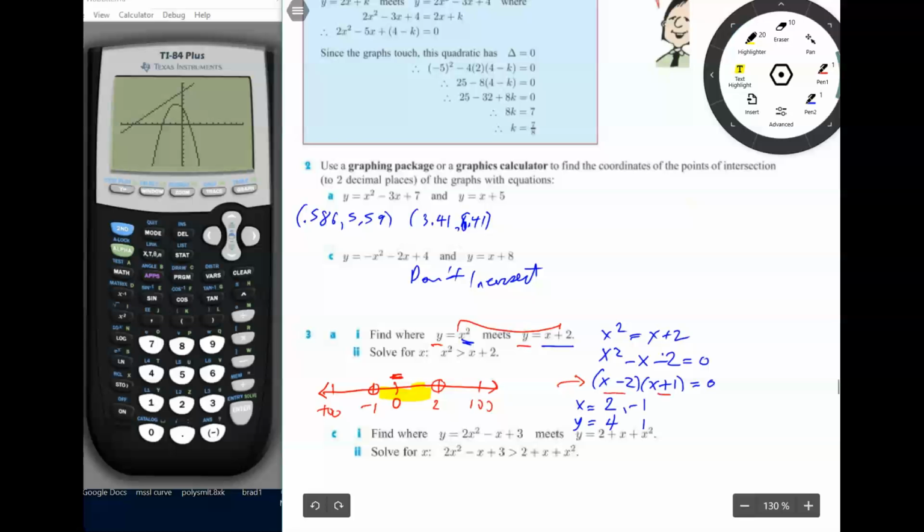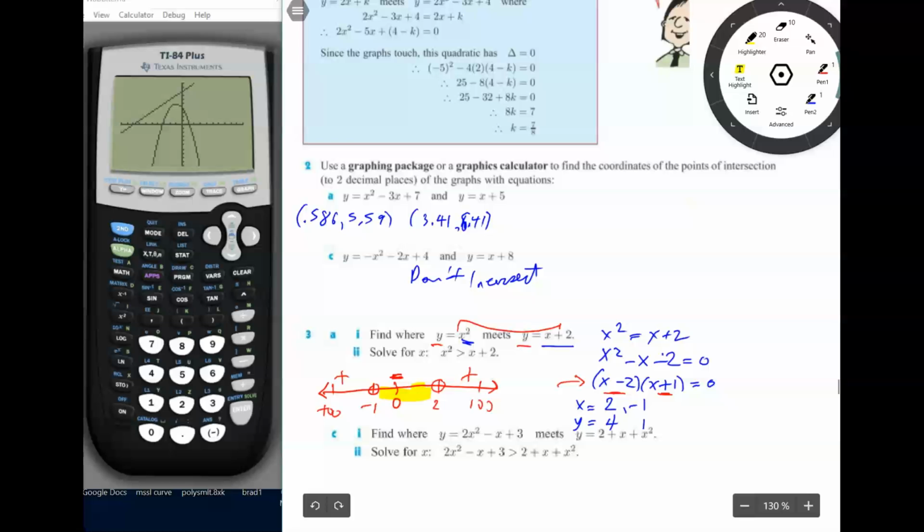If I put 100 here, it'll give me 101. Two huge positive numbers multiplied together give me a positive number. So this part is positive. And last of all, if I put negative 100 here and here, I'll have negative 102 times negative 99, which is two huge negative numbers multiplied together, giving me a positive number.